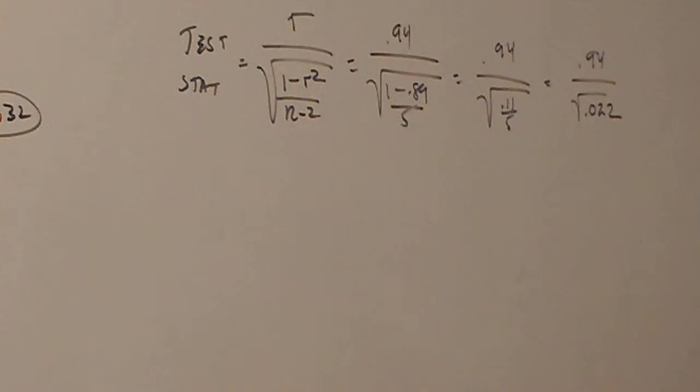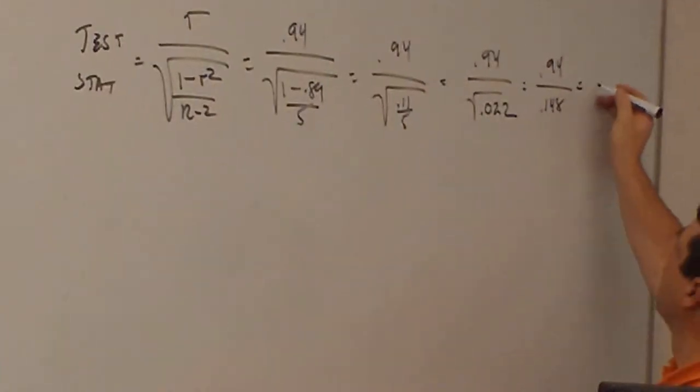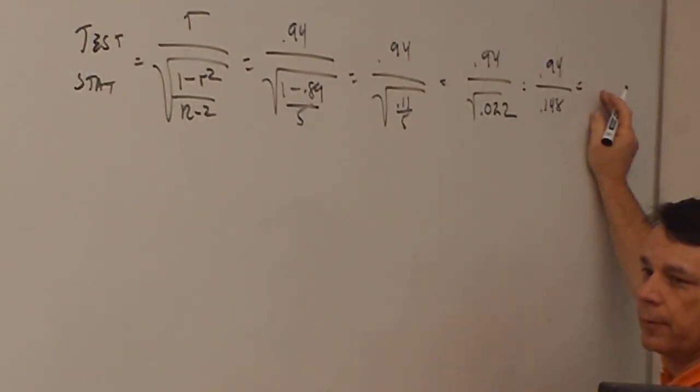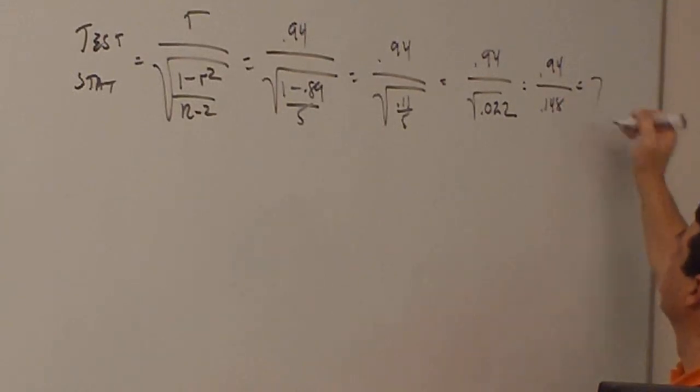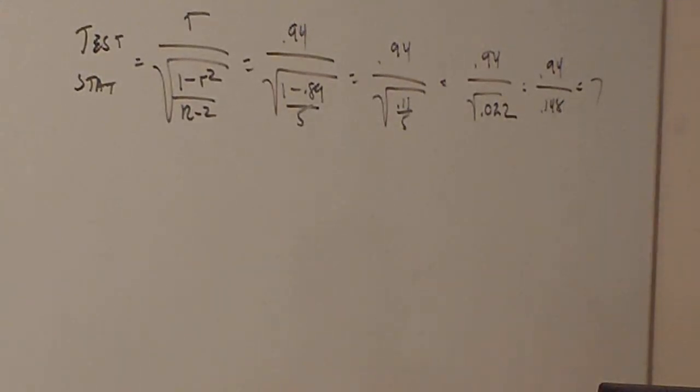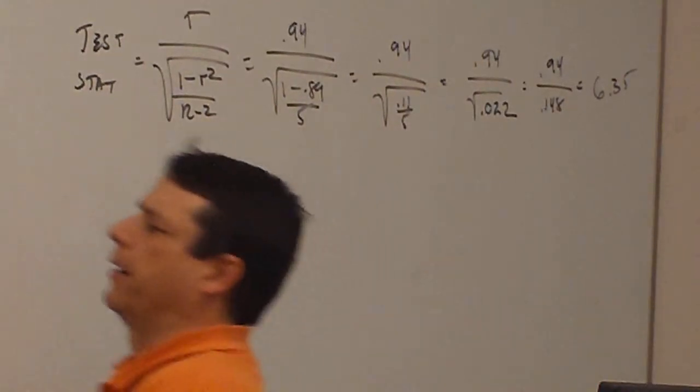Is that right? 5 into 0.11, is that 0.022? Right? So what's the square root then of 0.022? 0.148. And that goes into 0.94 how many times? 6.35. So where's 6.35? Clear out here.